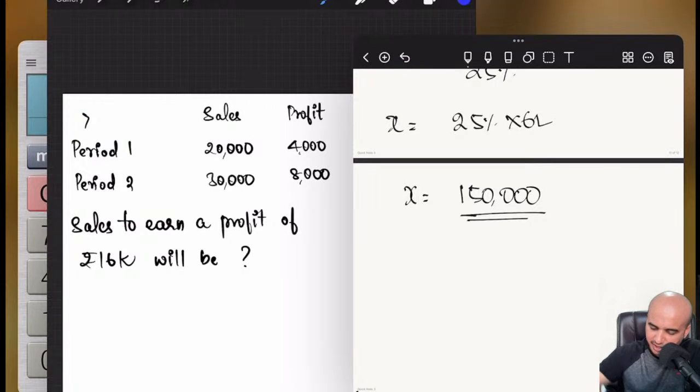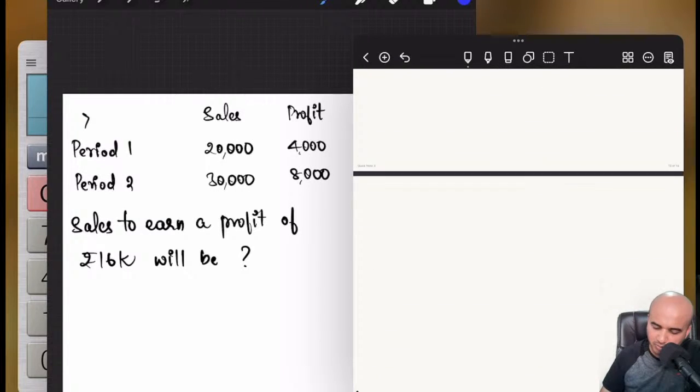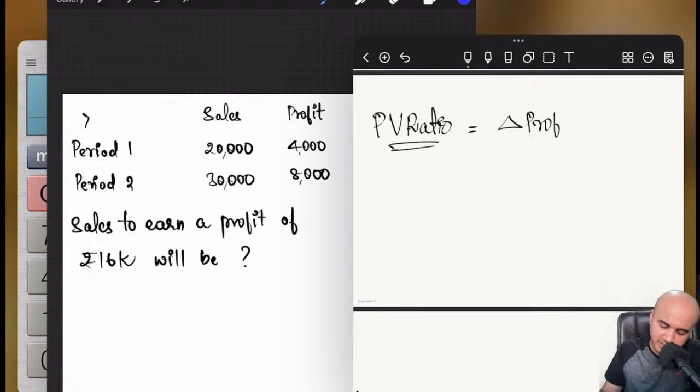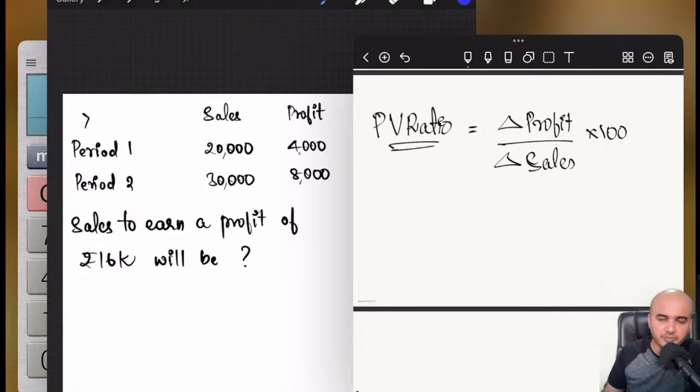So based on whatever we have, we'll have to calculate. We can do one thing, we can use the delta formula and calculate the PV ratio. So when we have sales at two different levels, or periods in this case, we can easily find out the PV ratio. So PV ratio would be delta profit, that is change in profit, divided by change in sales into 100.